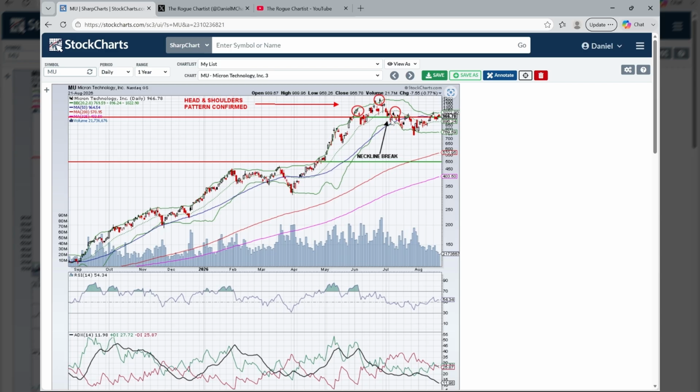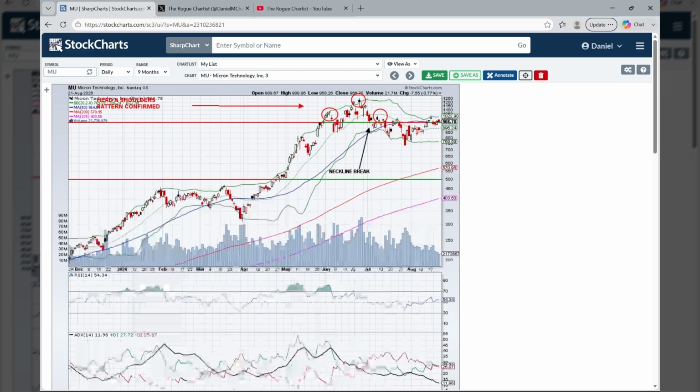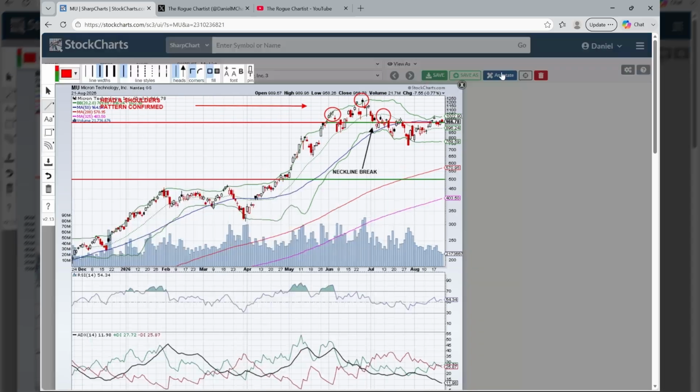As we stand right now, there's been a lot of ups and downs in July and into August. Let me just zoom in to 9 months so you get a closer view, and we go to annotation.